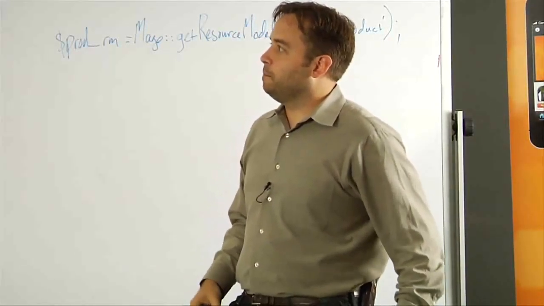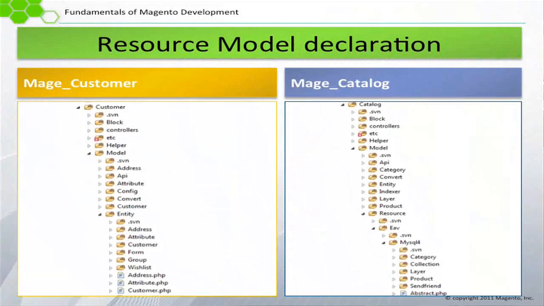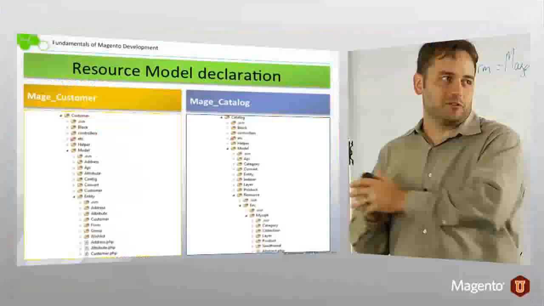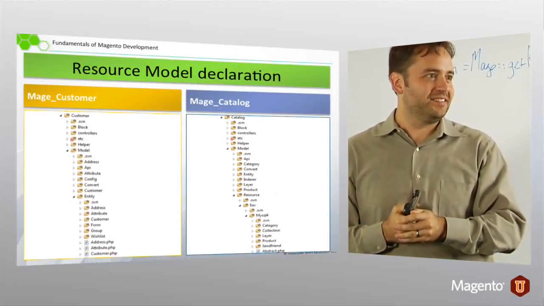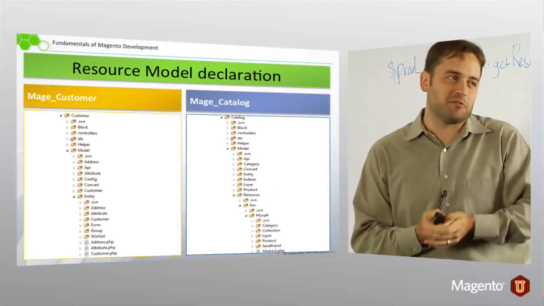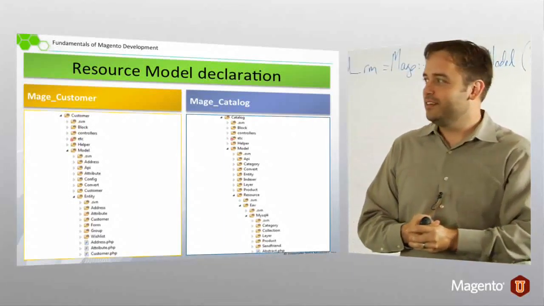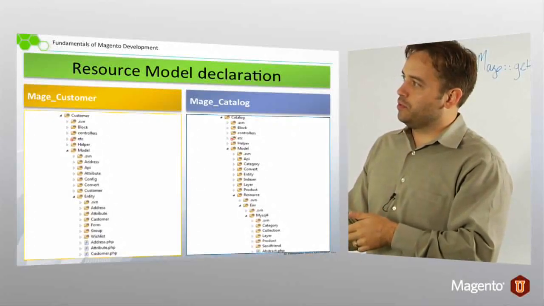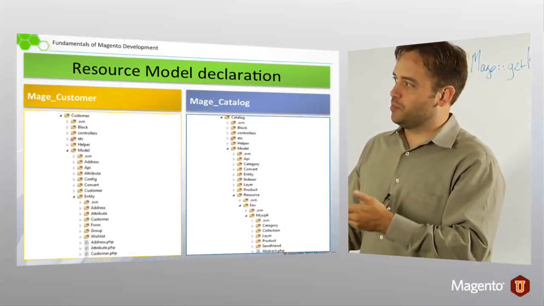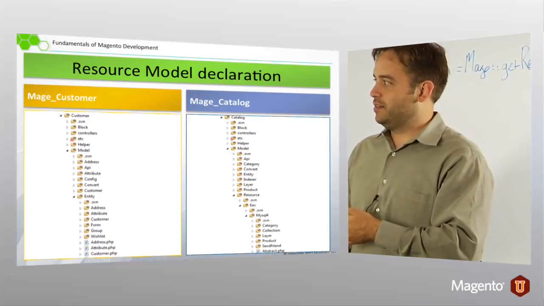Now, unfortunately, both of these are EAV entities. So you might expect that there would be some sort of parity between the folder structure underneath them. There isn't. And I can't give you a good reason why. It's just different naming conventions. So here, resource models would point to, for example, Mage customer model entity.